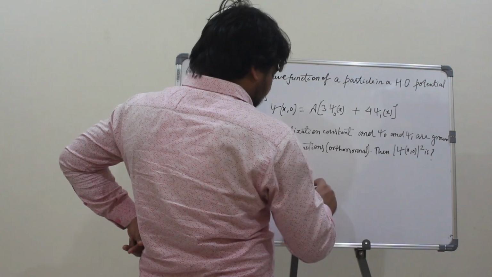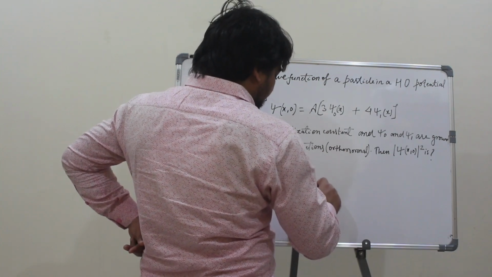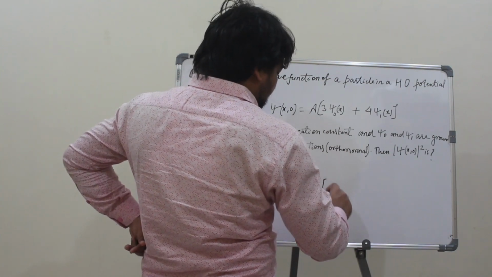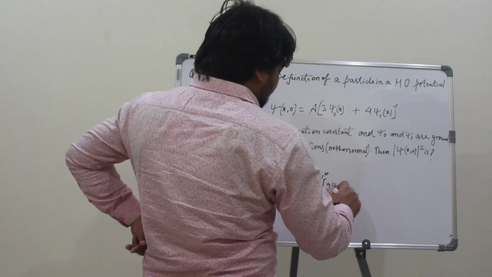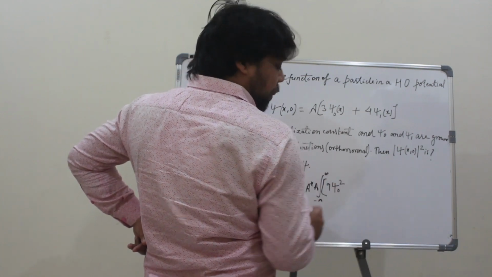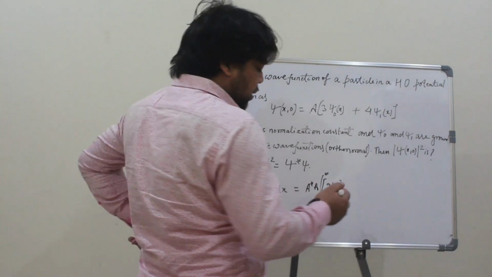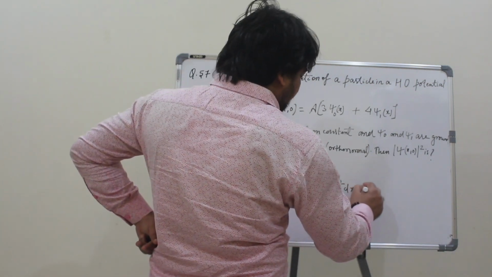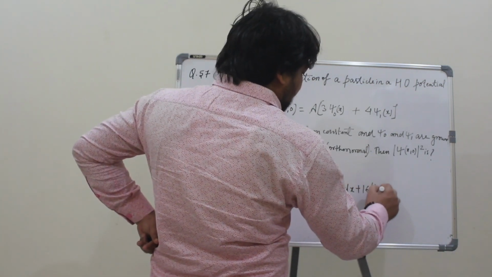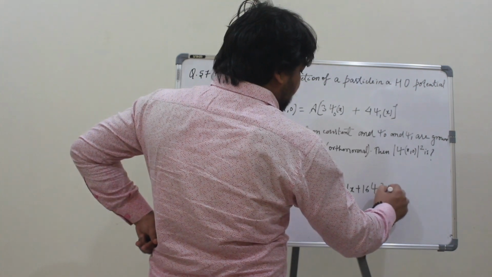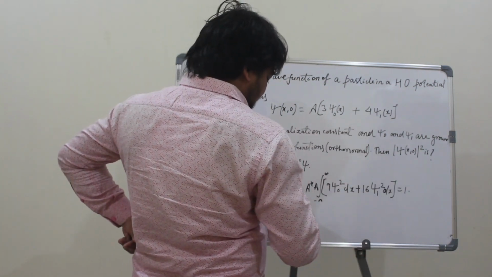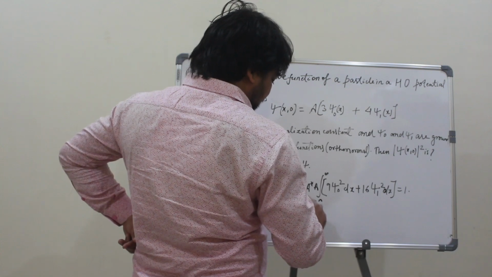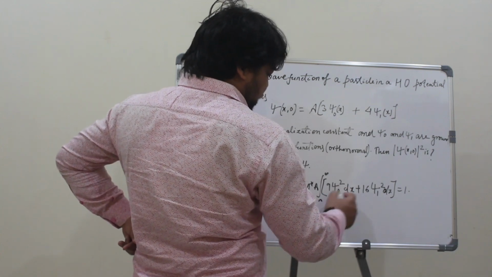So it says that A star A, which is mod A square, times the integral from minus infinity to infinity of 9 psi naught star psi naught dx, plus 16 psi 1 square dx, right? Which is equal to 1.